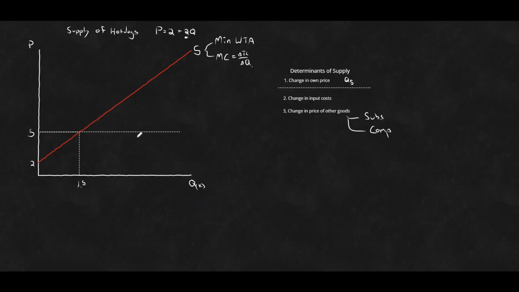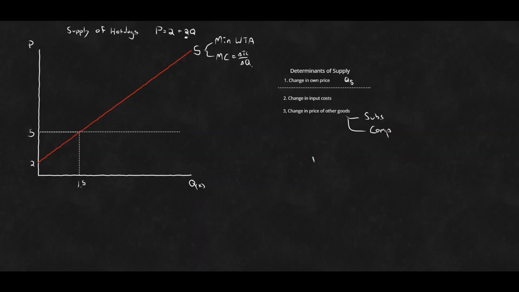Let's presume that this firm producing hot dogs could also produce sausages. So it's all the same equipment, most of the same inputs, different spices and the rest, but they're set up so that they could produce either hot dogs or sausages.